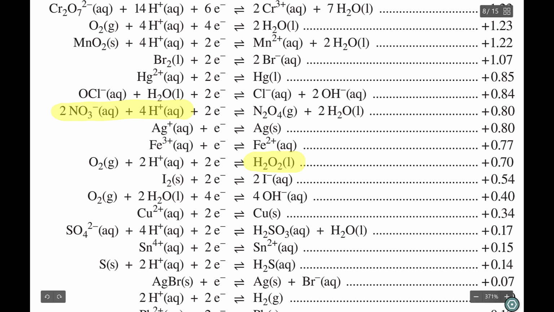The strongest oxidizing agent is above the strongest reducing agent, and so we are going to have a spontaneous chemical reaction, which is important because this is a voltaic cell and it has to be spontaneous. So my strongest oxidizing agent is here. So I know that this gains electrons, undergoes reduction at the cathode.